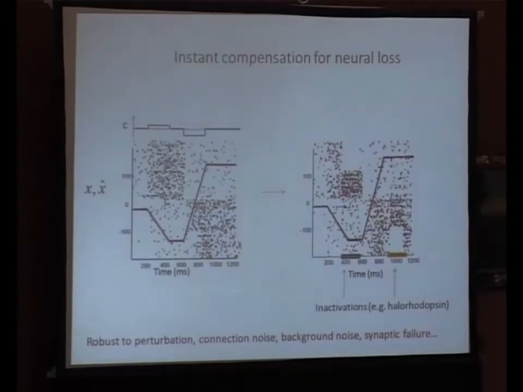So the network instantaneously compensates for the loss of half of the neurons in each of the populations. There is no introduction of additional error in the decoding of the network, in its representation. So eye position would still be controlled perfectly. However, you see a change in the tuning curve. For example, the half of the neurons that have been spared, that have not been inactivated, more or less multiply their firing rate by 2. Right? So they just fire at a higher rate in order to still be able to represent the signal.